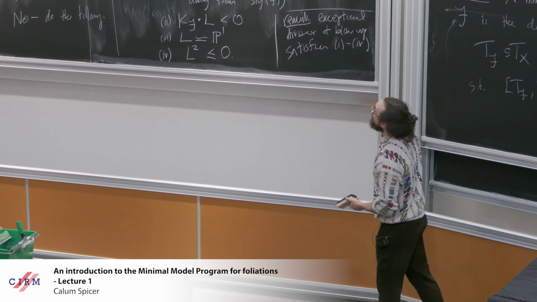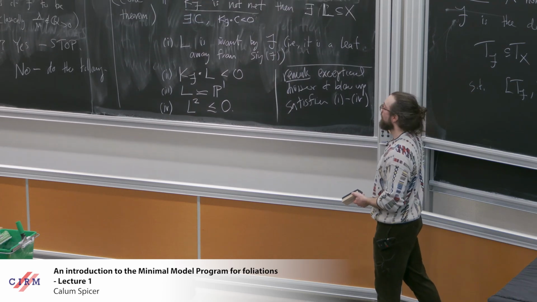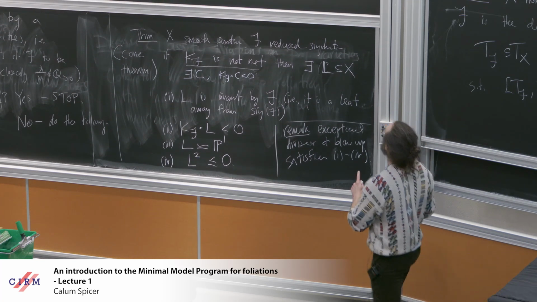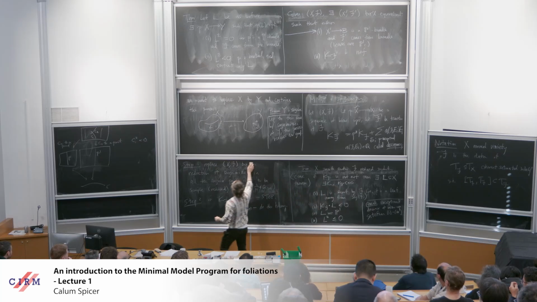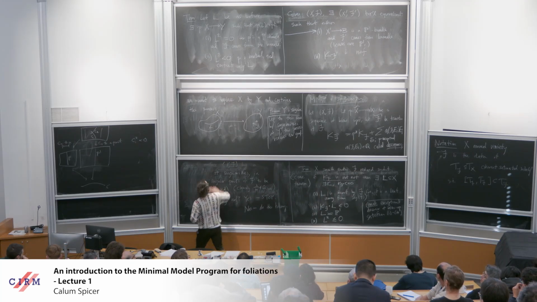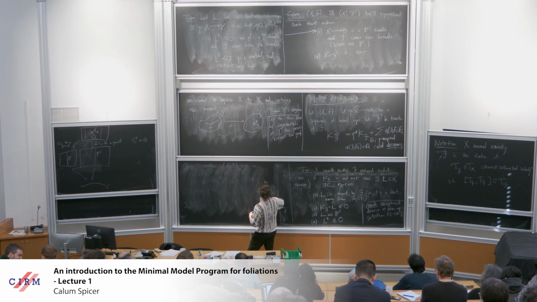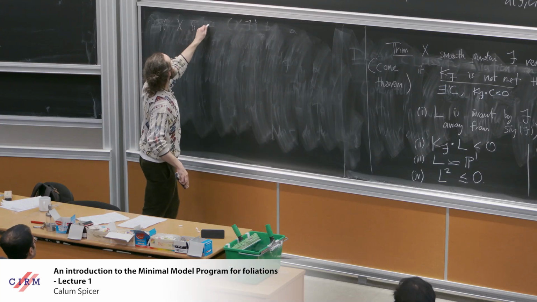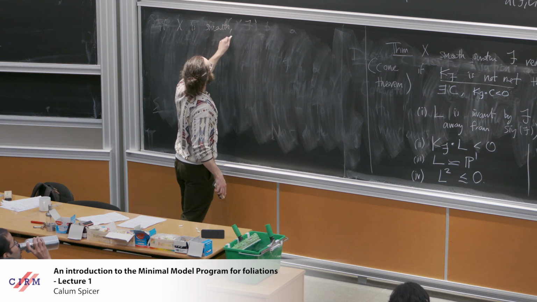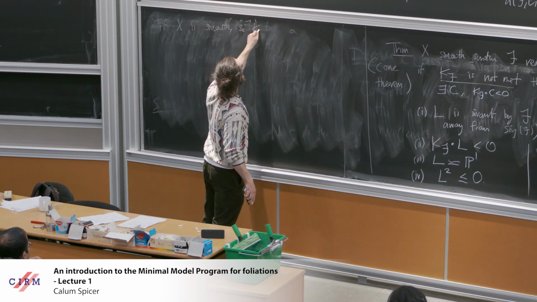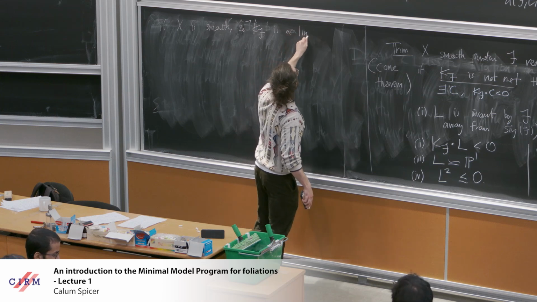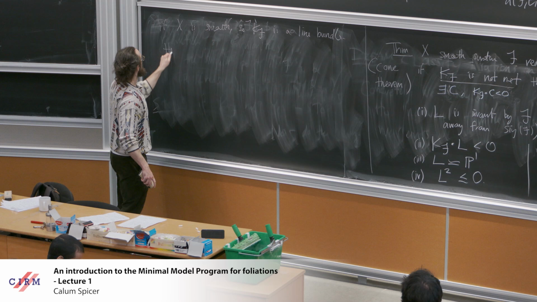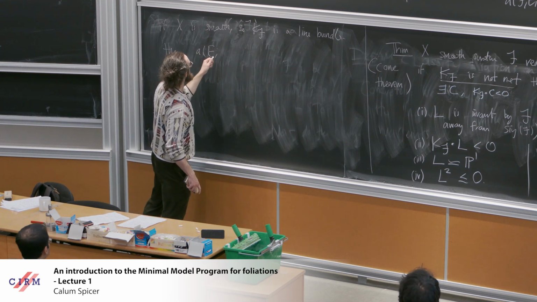So yeah, you may want to remark, so if X is smooth, and so K_F is a line bundle, then these are all integers.